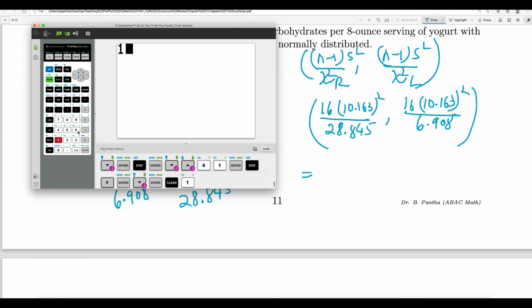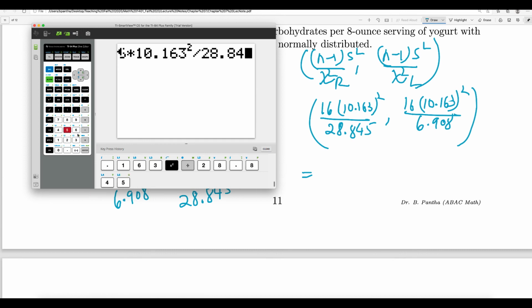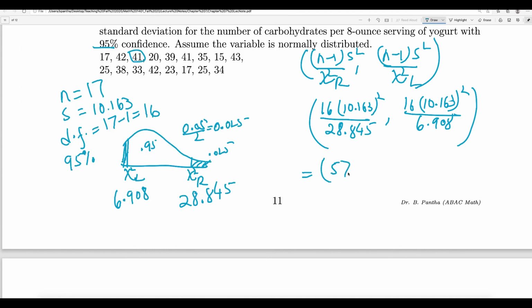So 16 times 10.163 square, divided by 28.845. That's what you get: 57.29. That's what you get for the first number.